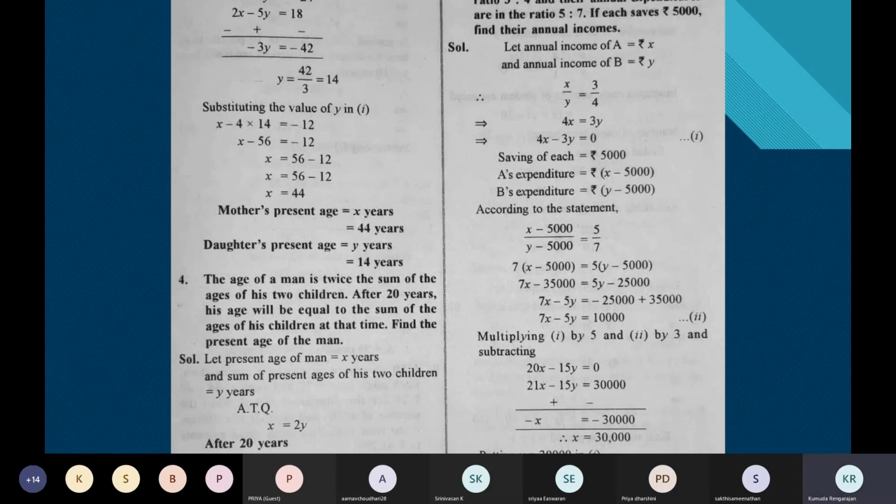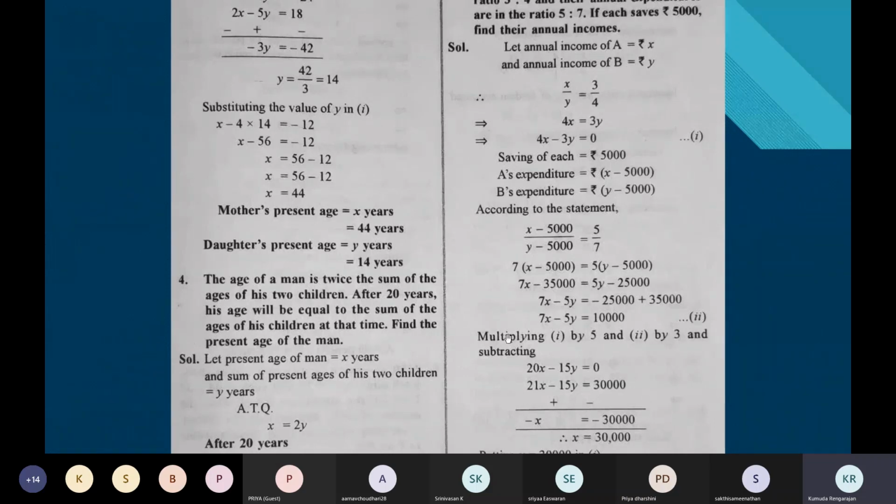So after 20 years, to this 20 you should add 20 two times, because there are 2 children there: 13 plus 20, 7 plus 20.